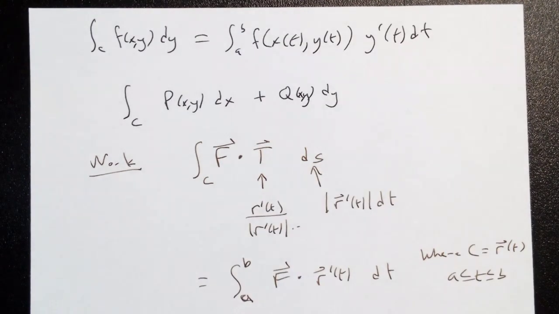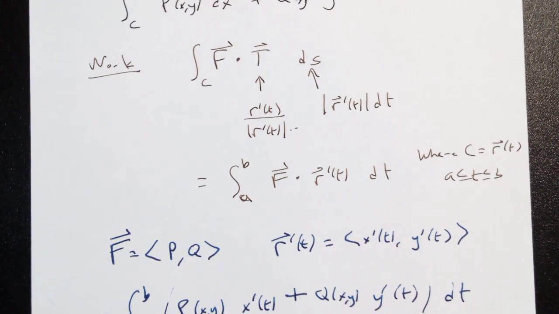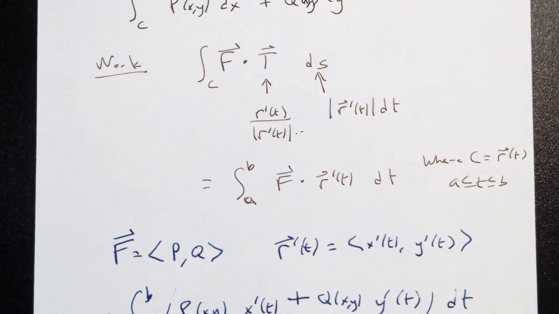Hang on a second. Wait a minute. The integral of f dot r prime of t is the integral p dx plus q dy when thought of as a line integral.